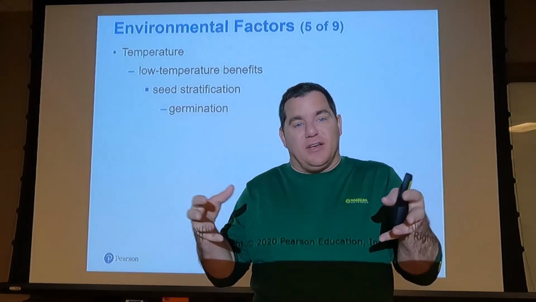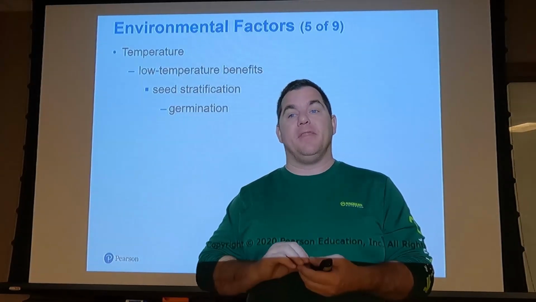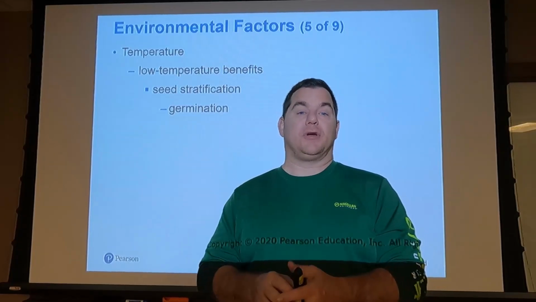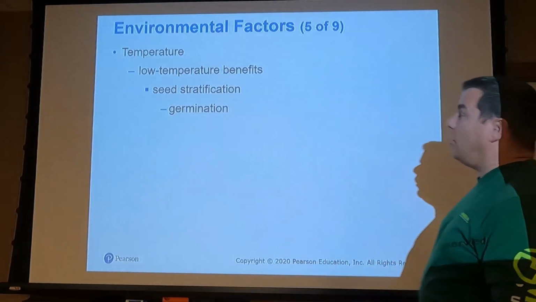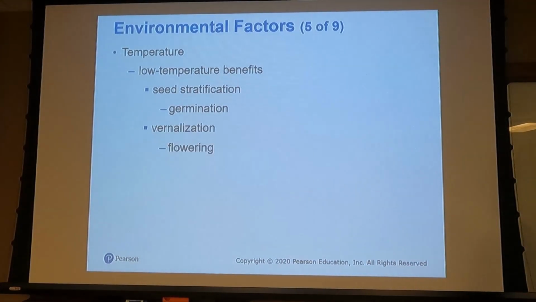That temperature sends a signal to the seed that once it reaches enough chilling days, that finally that structure can then begin to develop. So seed stratification is going to improve our germination.